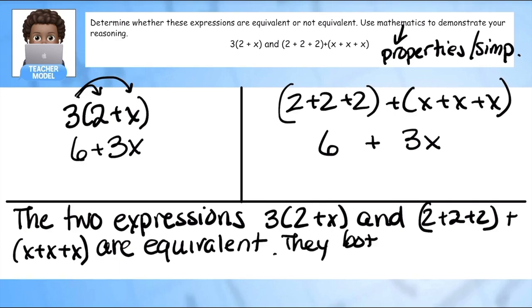They both simplify to 6 plus 3x. So hit pause and jot this down into your notes.